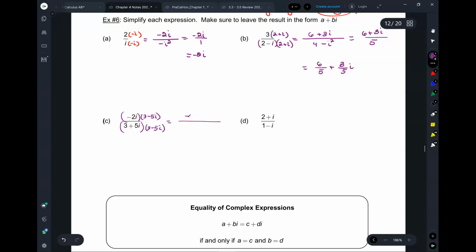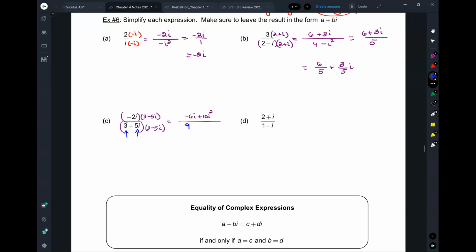Numerator gives me negative 6i plus 10i squared. Okay, denominator. Take a look. Remember how I said square the first one? That's still the same. Remember how I said square the second one? But before you square the second one, look at what's going to happen. It's always going to end up being a real number. So only if it's i's like this, complex conjugates, ignore the i when it's a plus b, a minus b.